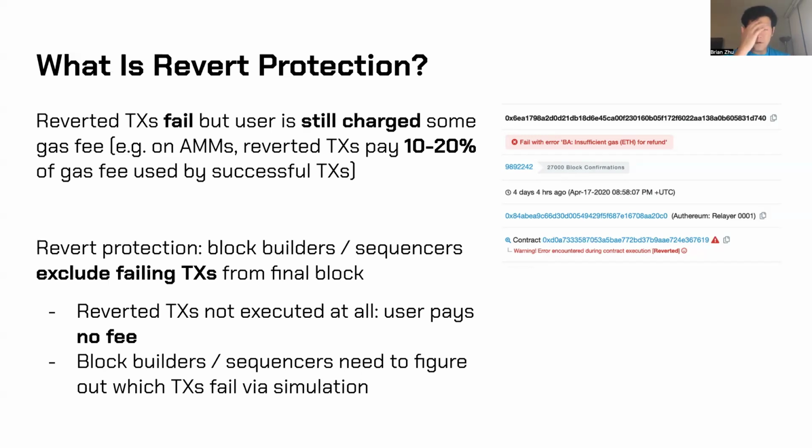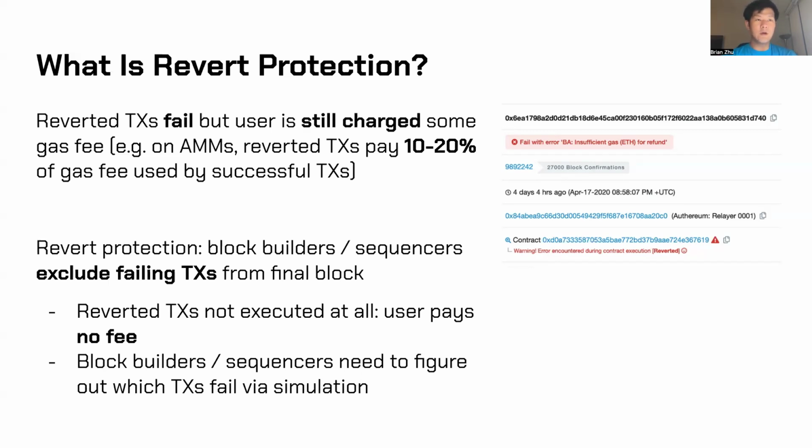When these reverted transactions are excluded completely, the user will not need to pay any gas fee for the transactions partially executing. However, the main burden of revert protection is brought on the block builders or sequencers.